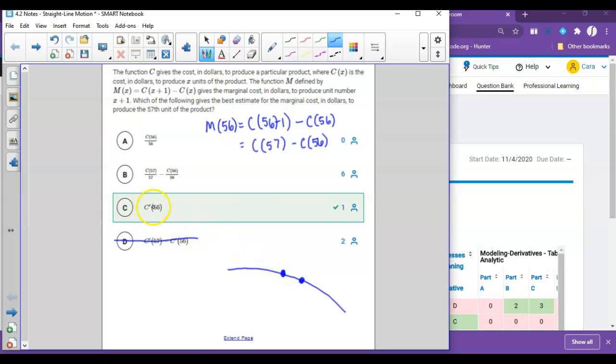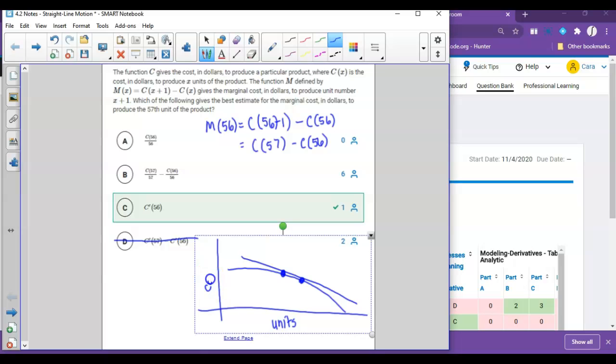Because if we have C prime of 56, that is our rate of change at 56. And our rate of change in this case would be a cost per unit. So if you're thinking on your axis here, this is your number of units, and this is your cost.